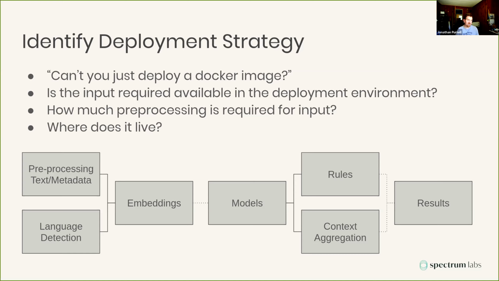On the production side, we may not be able to make assumptions about what language is coming through, or certain artifacts inside the language that we need to pre-process, or metadata that needs to be cleaned up. So we need a production level system to handle that and be able to switch between the languages or switch out resources that are needed. That feeds into what embeddings get loaded, and that determines what goes into the models. Keeping that separate from the models makes both our lives easier, and it also allows us to optimize where we need to optimize.